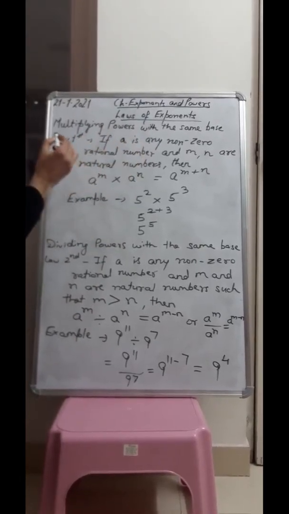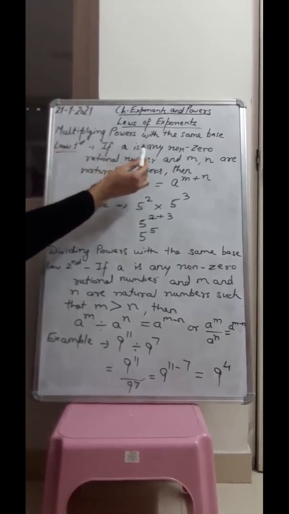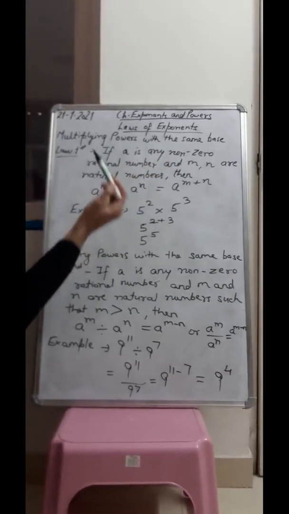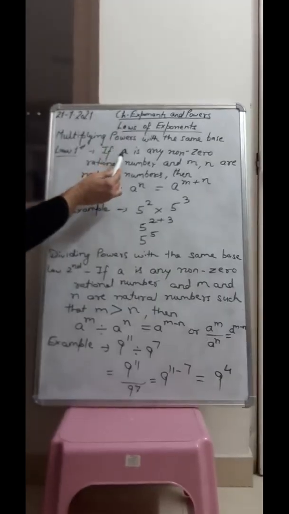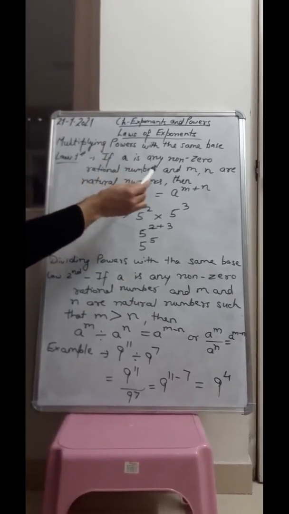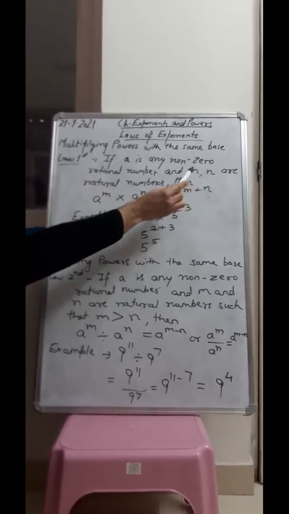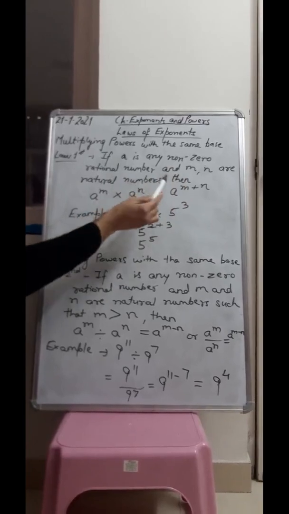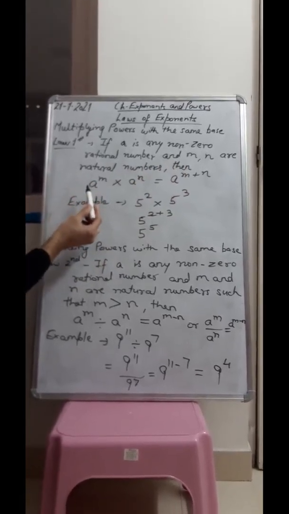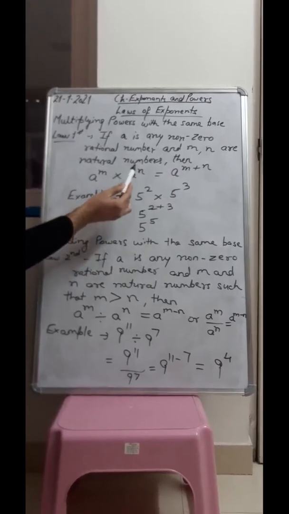The first law is: if a is any non-zero rational number, that means a should not be zero and it should be a rational number, and m and n are natural numbers, then the rule says that a raised to power m multiplied by a raised to power n.